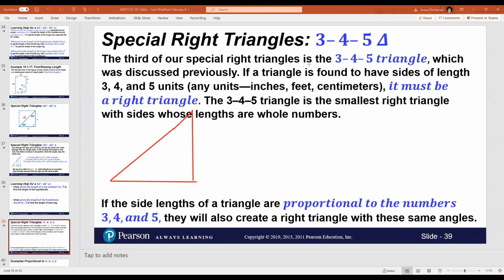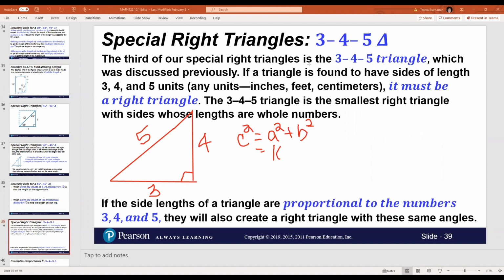If I know that my shortest side is 3 and the other leg is 4, I will know that this is a length of 5. How would you know that? Well, think about your Pythagorean theorem, because you'll see that it actually works out that way.